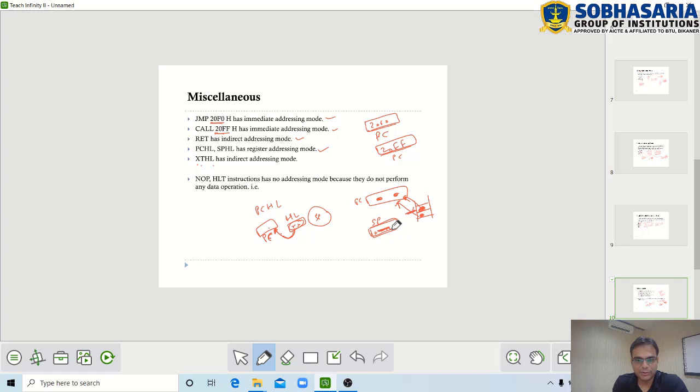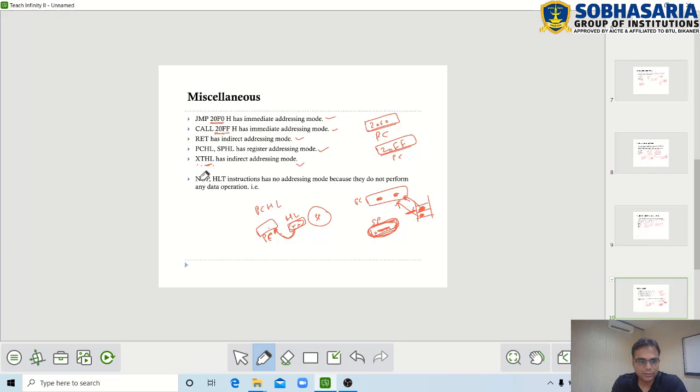So the CPU is going to access the address of the data, and the data is going to be loaded into the HL pair. And how is this data accessed? Through this address, and that address is available in the stack pointer. That is why this mode is indirect addressing mode.